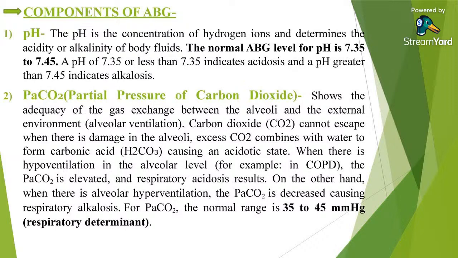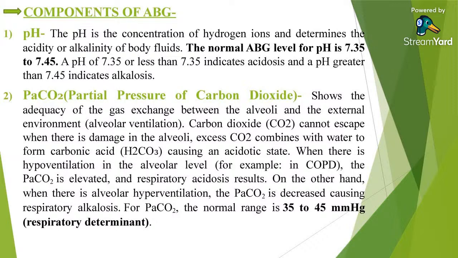Next is the partial pressure of carbon dioxide, which shows the adequacy of the gas exchange between the alveoli and the external environment, also known as alveolar ventilation. Carbon dioxide cannot escape when there is damage in the alveoli. Excess carbon dioxide combines with water to form carbonic acid, which causes an acidotic state in our body.